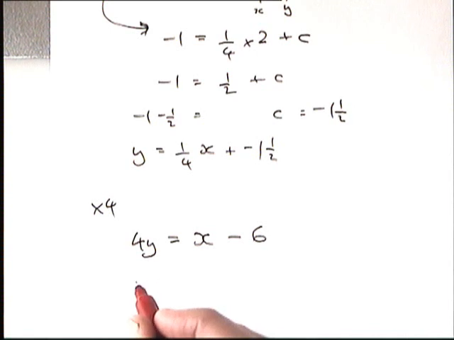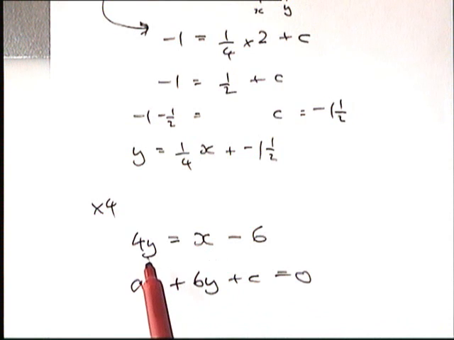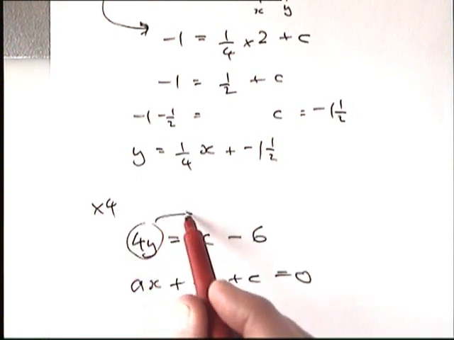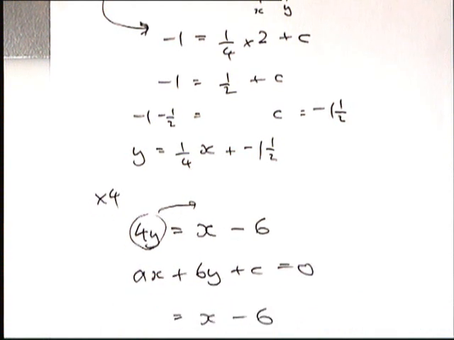But the question said I had to write it down as ax plus by plus c equals 0. So let's have a look. I've got my y at the moment away from my x. So I'm going to move that 4y to the other side of the equals sign. I'm going to leave those bits where they are. That will leave me with nothing on the left.